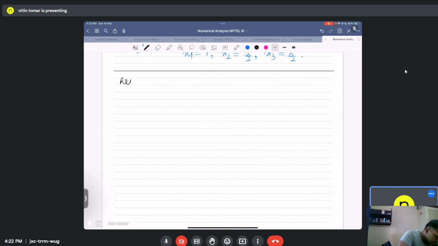Now one remark. LU factorization is not unique. Can you tell me why? See, if you have some LU factorization, then you can multiply it with some diagonal matrix also, like D inverse D. Will it make any difference?